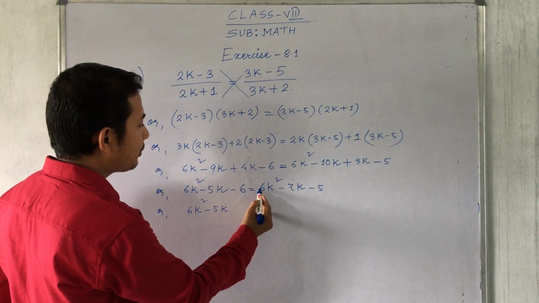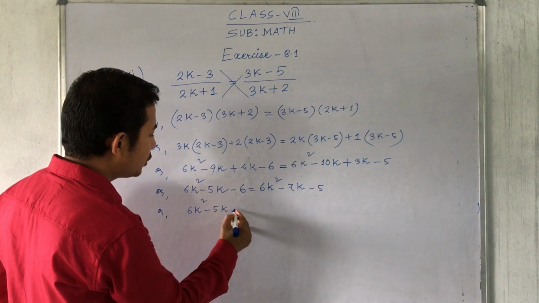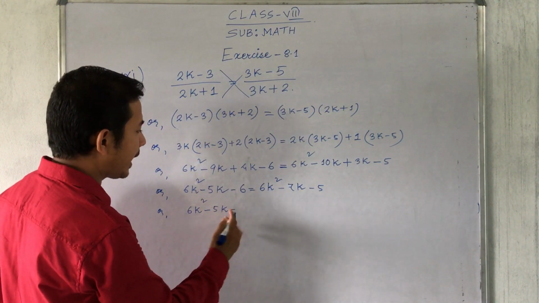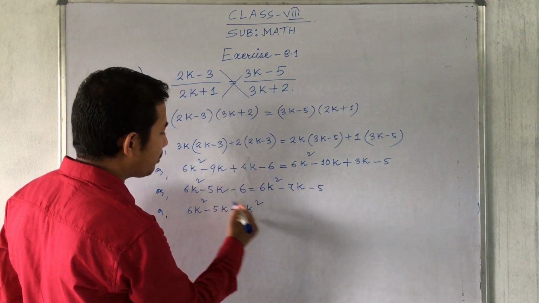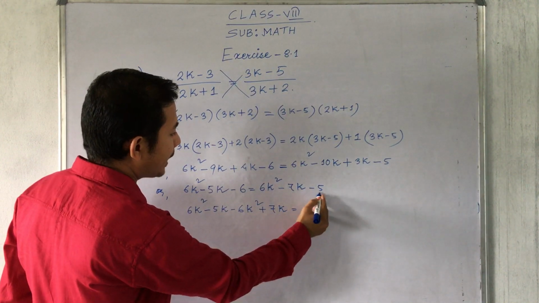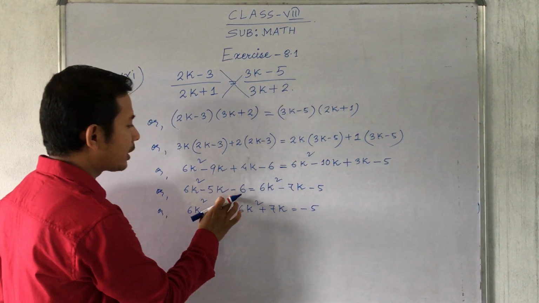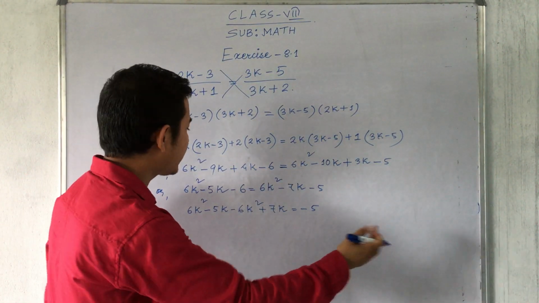First of all, we have to write this 6k square to the left hand side. This 6k square is in positive form, so after writing in the left hand side, it will be negative, negative 6k square. This negative 7k will be positive, positive 7k equal to minus 5 is in the same place. But now I am going to write this negative constant to the right hand side, so it will be positive.